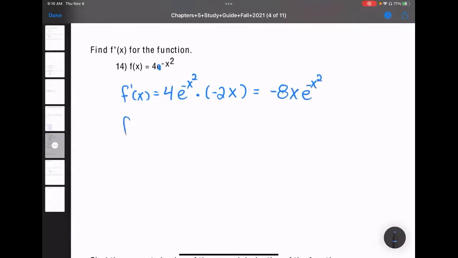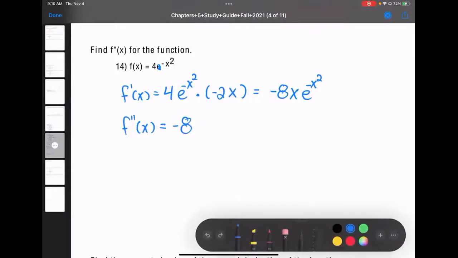And now we're going to take the second derivative. So bring down the -8. And now we have a power rule, or not a power rule, product rule.